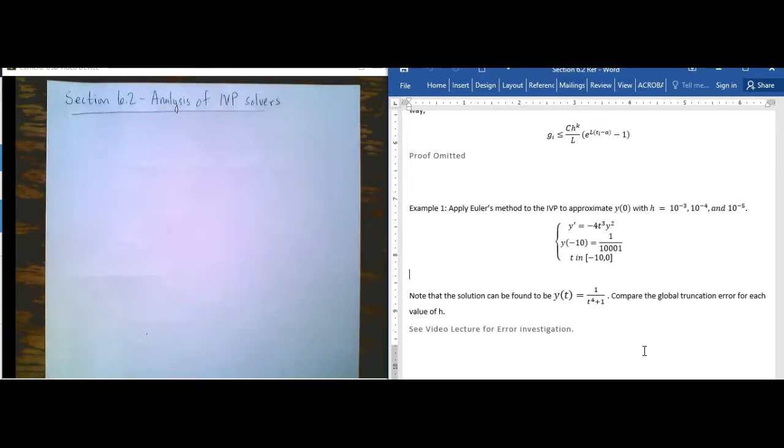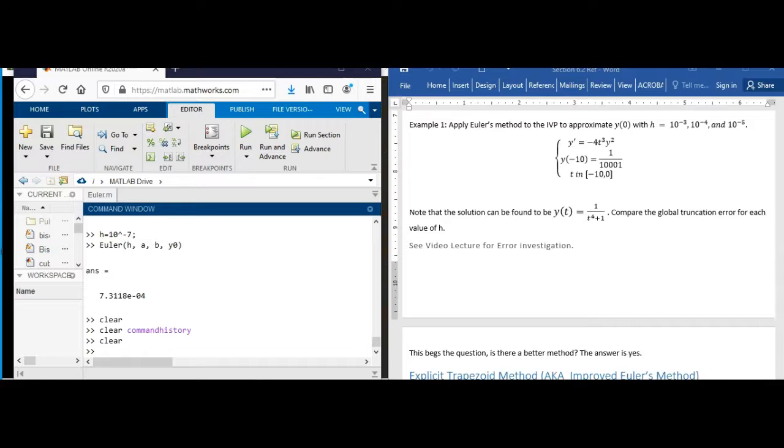Also note that the exact solution can be found by doing separation of variables here. We can just separate the variables and anti-differentiate. We'll end up getting 1 over t to the fourth plus 1. So we want to compare the global truncation errors for each value of h here. All right, so let's implement this in MATLAB.